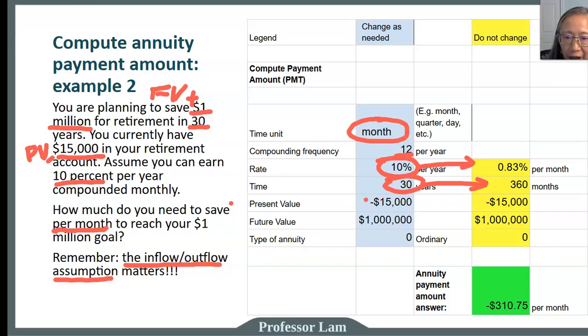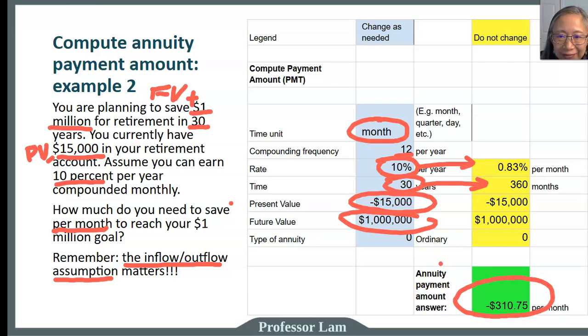The $15,000 that you already have, you're going to put away. That's an outflow. You want to get back $1 million. So in addition to the $15,000 that you put away today, you need to put aside an additional $310.75 each month to reach your goal of $1 million in 30 years.